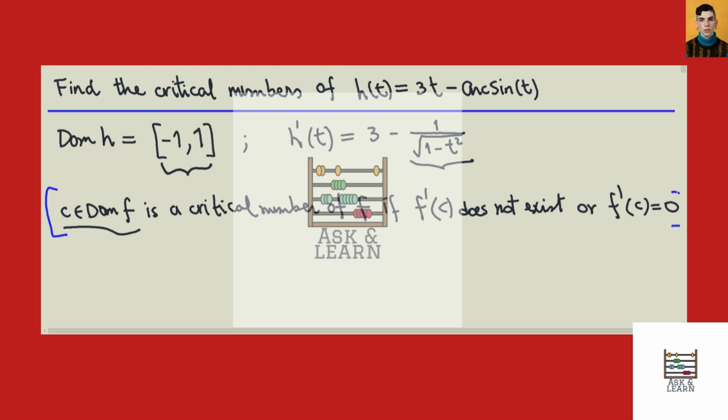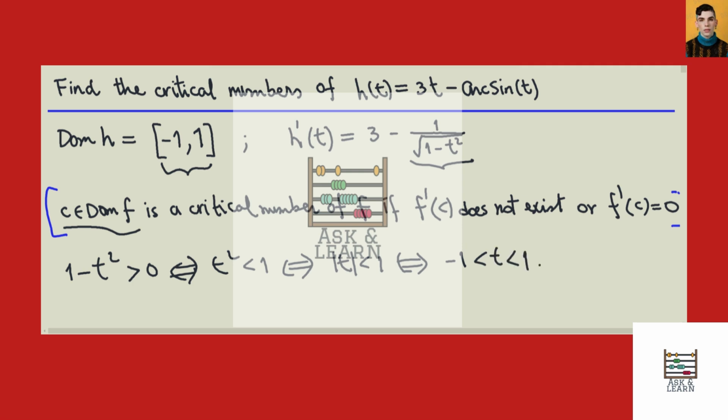Now let's see this derivative here. We have a square root of an expression here, and this expression is positive for t squared less than 1, that is, for absolute value of t less than 1, that is t between -1 and 1.